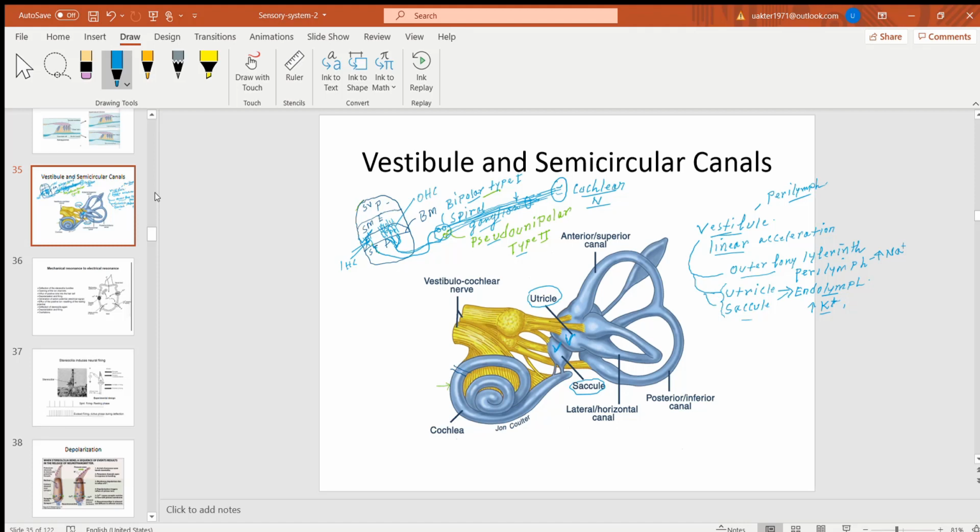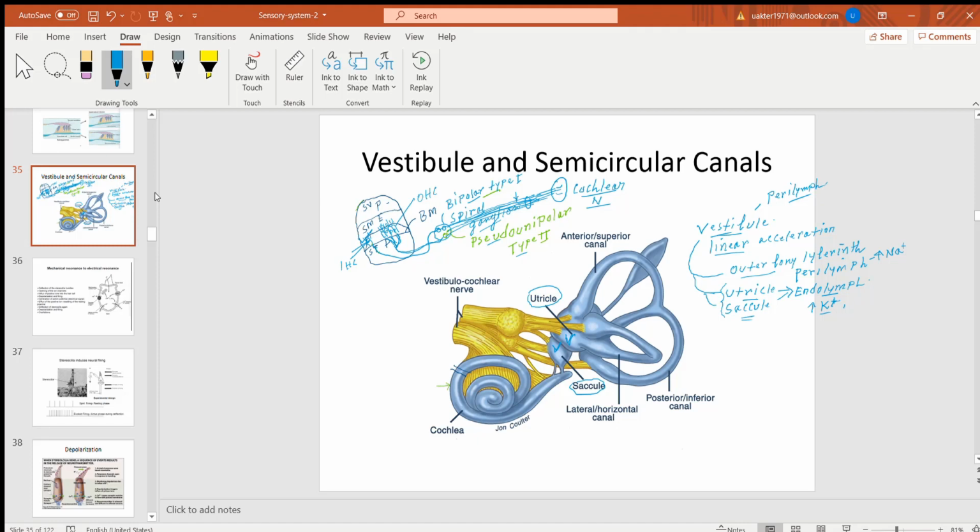Actually those receptors are called the vestibular hair cells. Inside the cochlea, which is responsible for sound, you have the cochlear hair cells. Those are the receptors. Inside the utricle and saccule, you have the vestibular receptor cells. Those are also called vestibular hair cells.